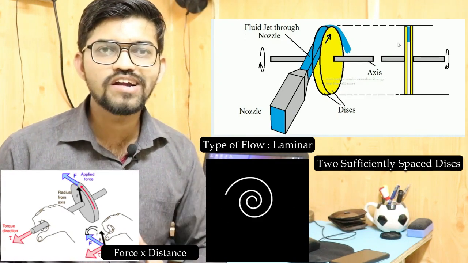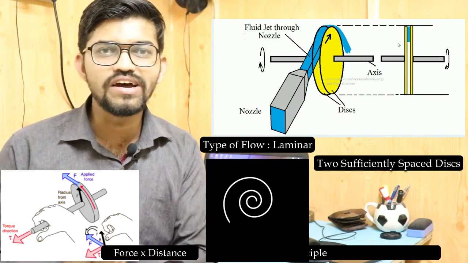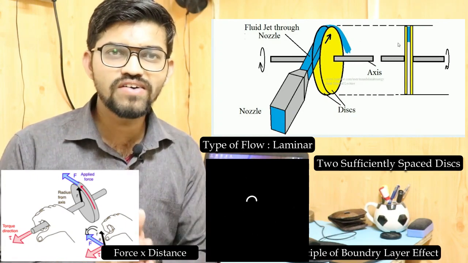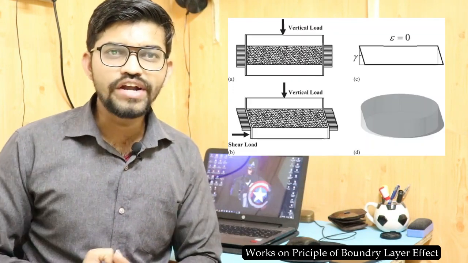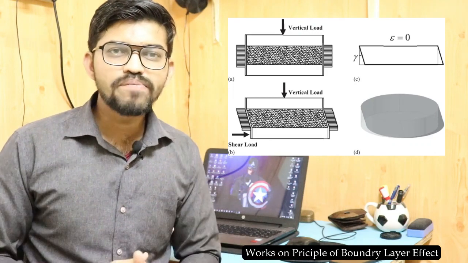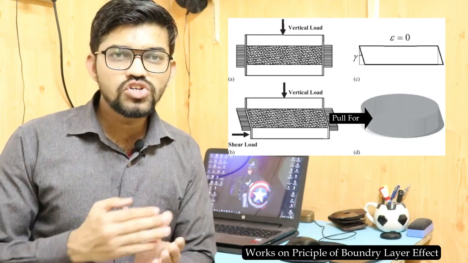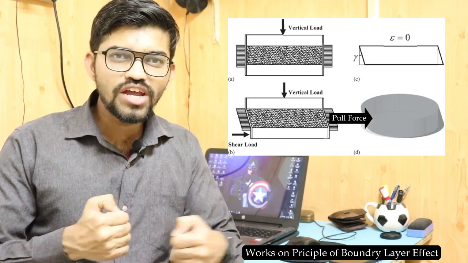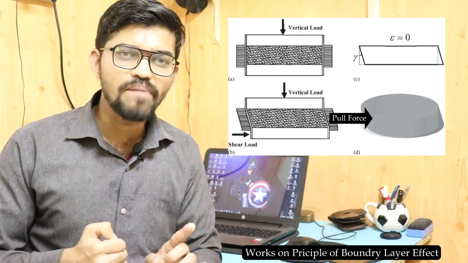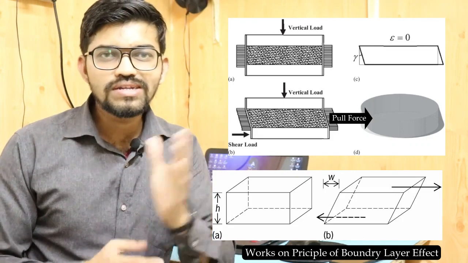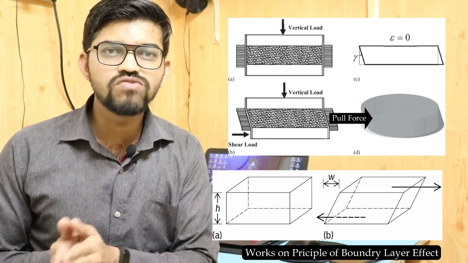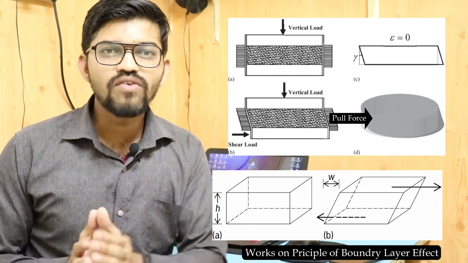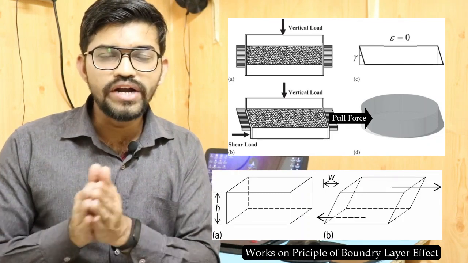This Tesla turbine works on the boundary layer principle. Let's take an example. Suppose on a desk I have a paper, and on that paper I have some weight. If I try to pull that paper, shearing will occur at the bottom side of the paper, and a force is applied. The same scenario occurs in the case of the disc and the high velocity fluid.